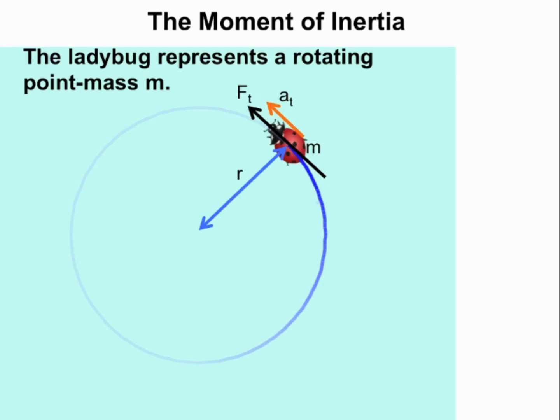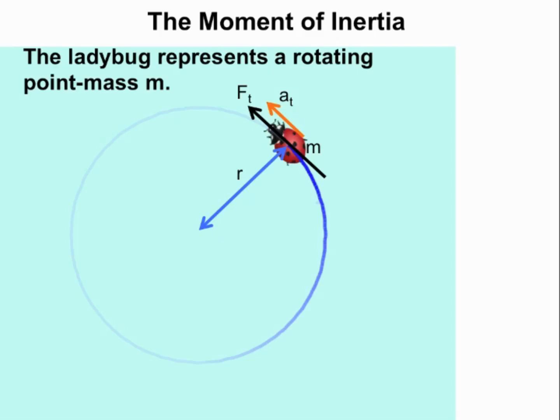But for the sake of clarity, let's just imagine that the ladybug is a point mass, a tiny little particle that's been magnified. And it's rotating with a radius r. And it's also accelerating. It has a tangential force Ft, the force which is tangent to the circular motion. And that force is causing a tangential acceleration at.